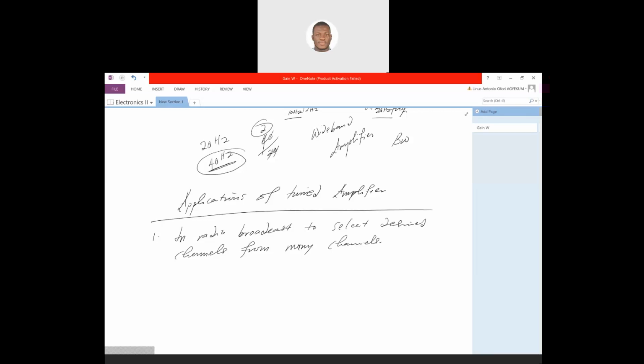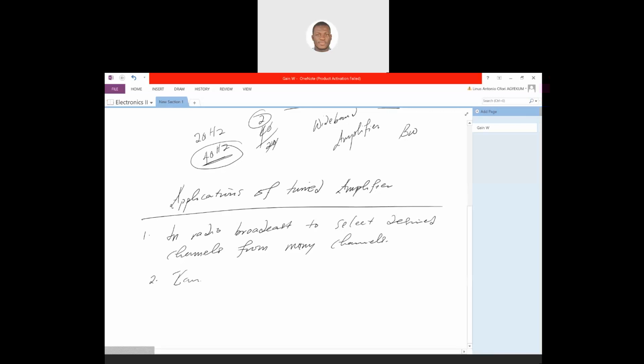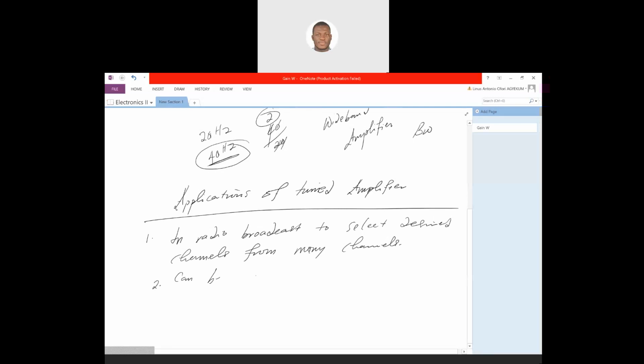Now, when we come to instrumentation or systems that deal with instrumentation, you can also use tuned amplifiers because they are used to select or do selective amplification. You can use tuned amplifiers to isolate signals in instrumentation systems, okay?